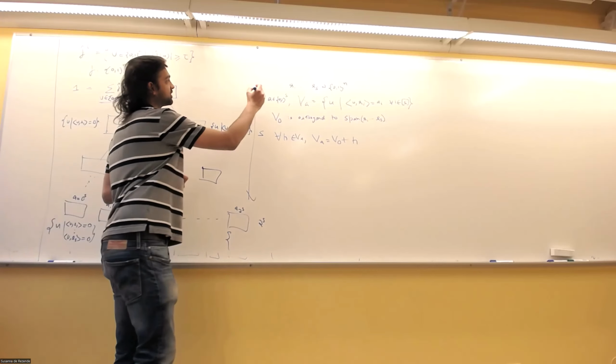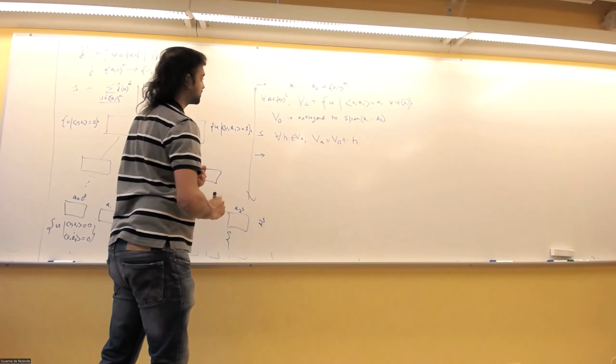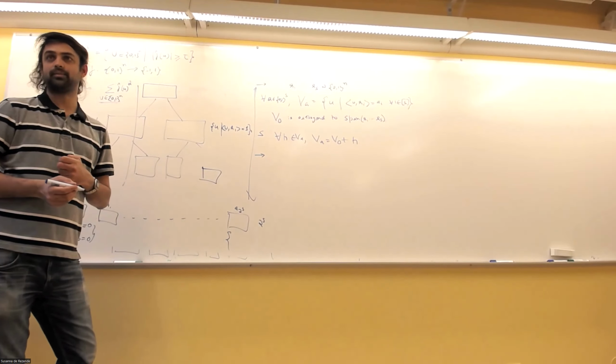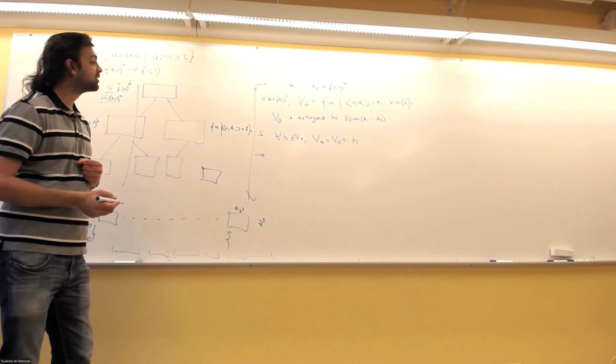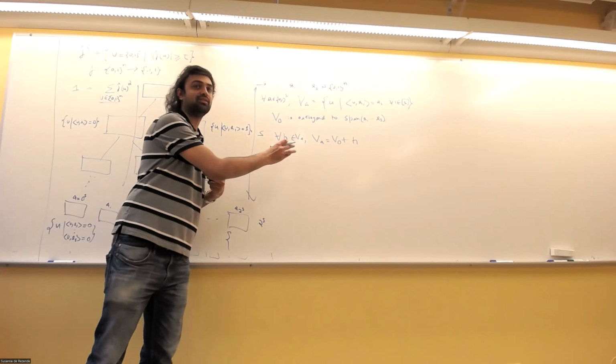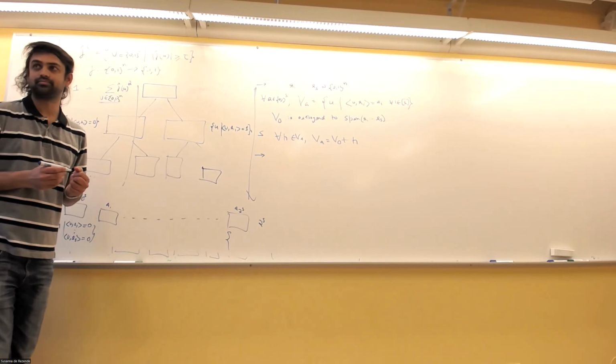So, okay, my first claim now is that if s is chosen to be large enough, then each such VA will have at most one of the heavy Fourier coefficients.